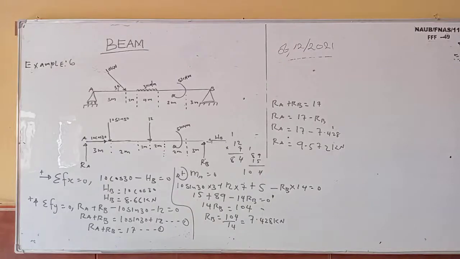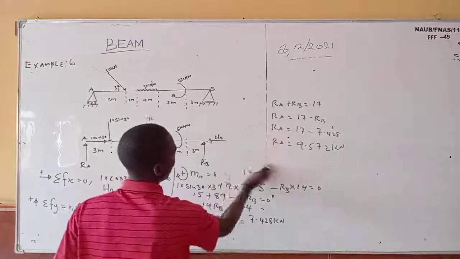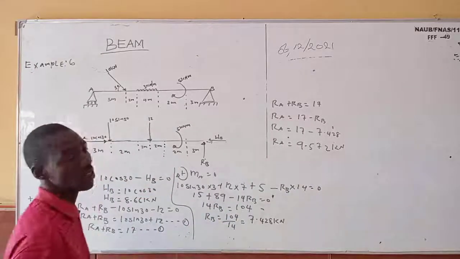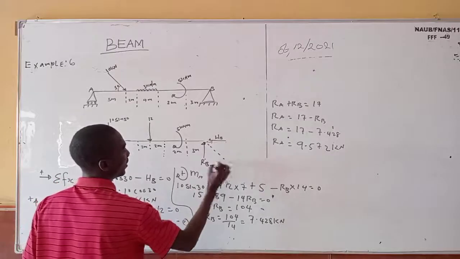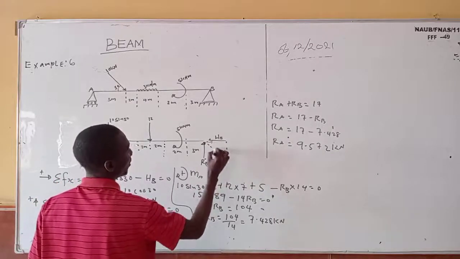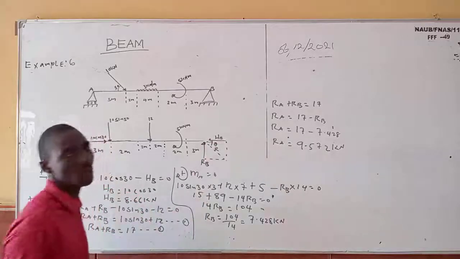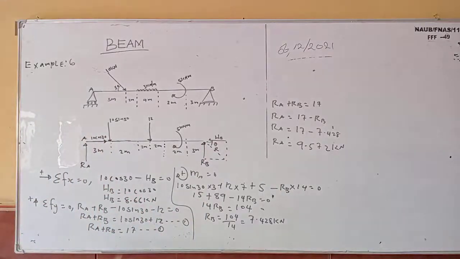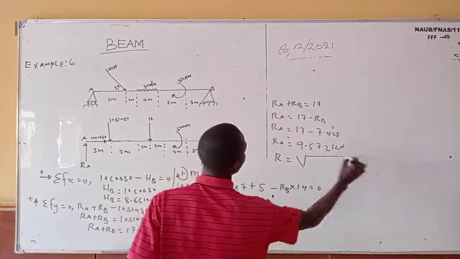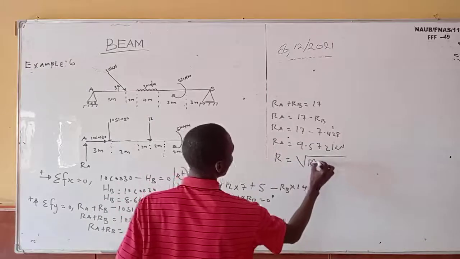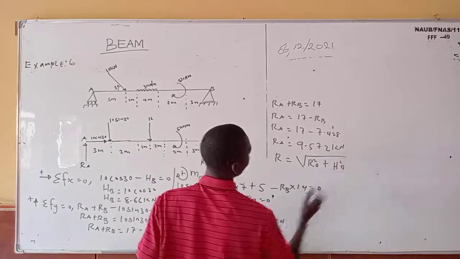Please don't forget, they can ask you to calculate your resultant and your angle of inclination. When they ask that, just do something like this. This one will be your resultant, and this one will be your angle of inclination. So our resultant will be equal to the square root of RB squared plus HB squared.